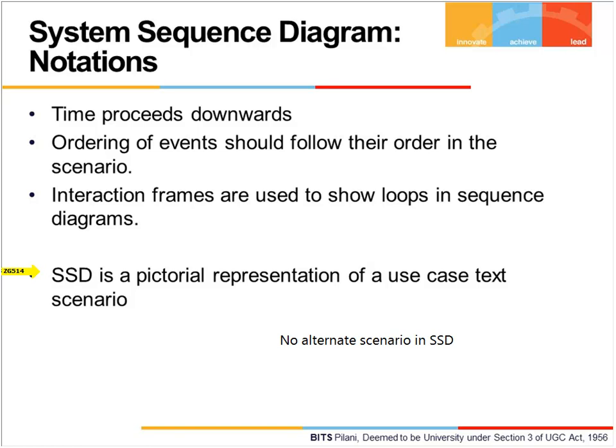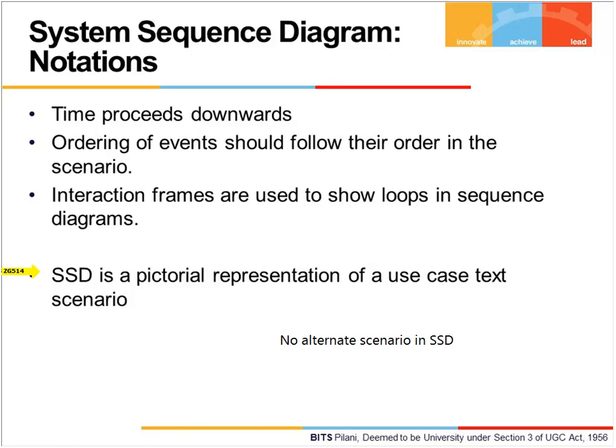If there are any questions, I'll just take up 2 minutes. Okay, somebody says that in this particular SSD, there is no end of life in the figure. There is a notation for end of life. It might not exist in this particular example, but it does exist.